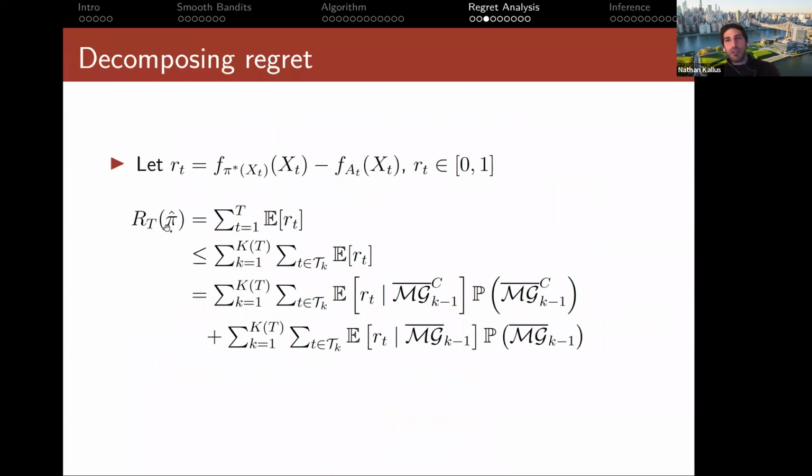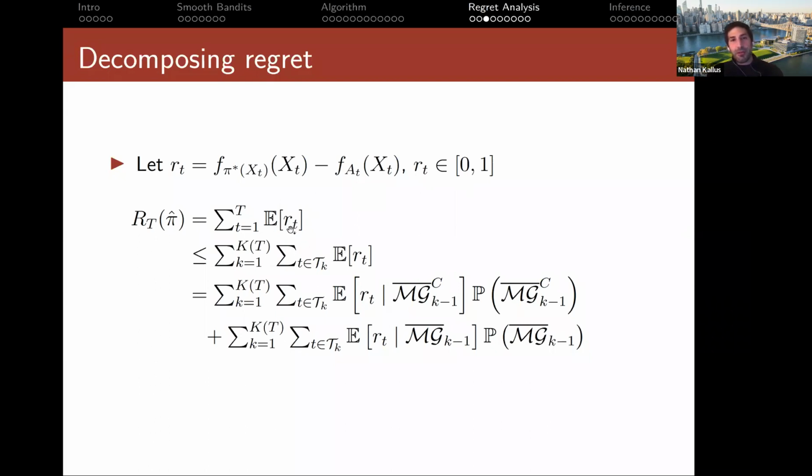So what is the regret of an algorithm? Here pi hat refers to the algorithm I presented in the previous section. The regret up to horizon t is just the sum of instantaneous regrets at each little t, where the instantaneous regret is the difference between the expected reward that we would collect at this time period and the expected reward that pi star would collect in this period, conditioned on the covariates xt. By construction, this little RT is in 0, 1.